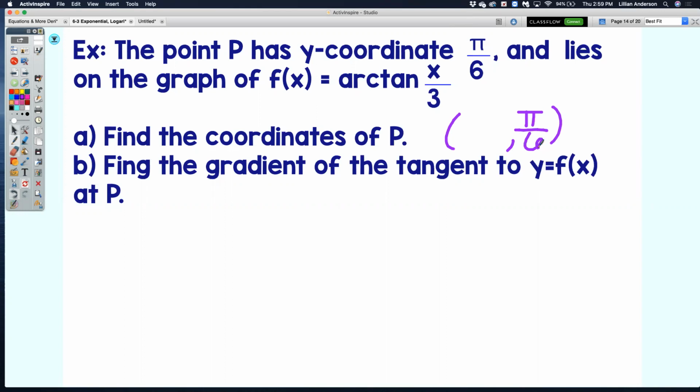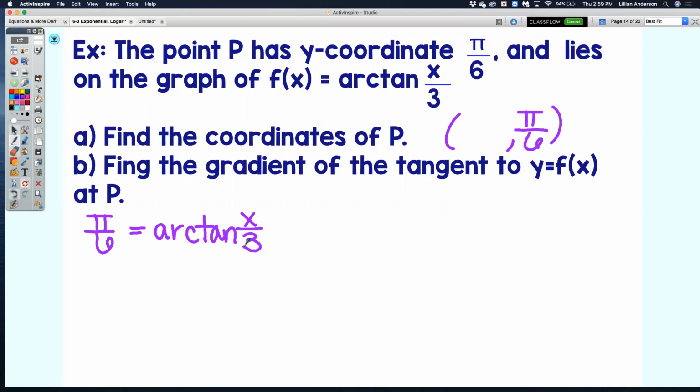You plug it in for y into the original equation. Anytime you're looking for a y coordinate or an x coordinate, you can always use the original function if you have one or the other. So we basically have pi over 6 equals arctangent x over 3.